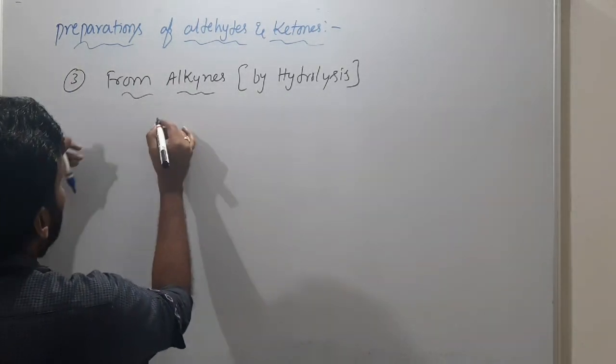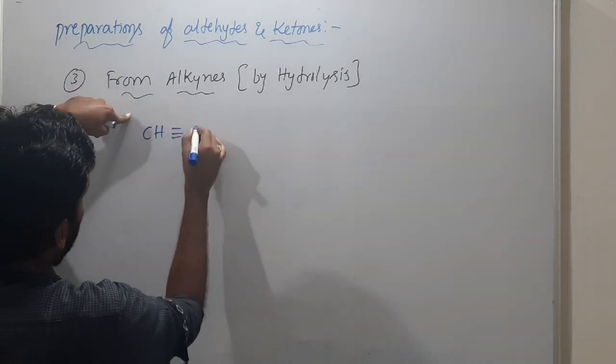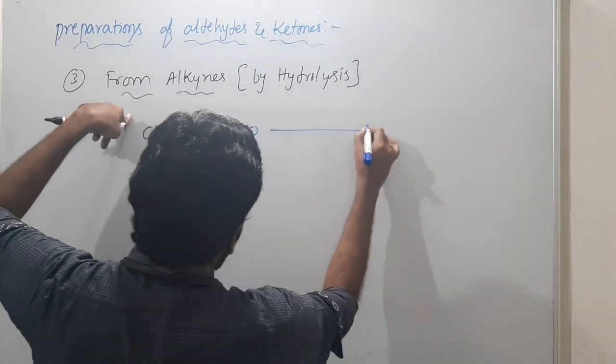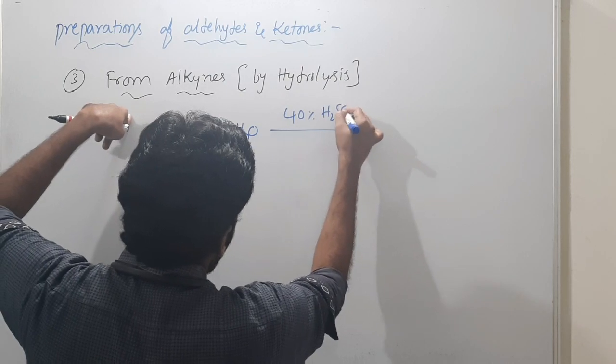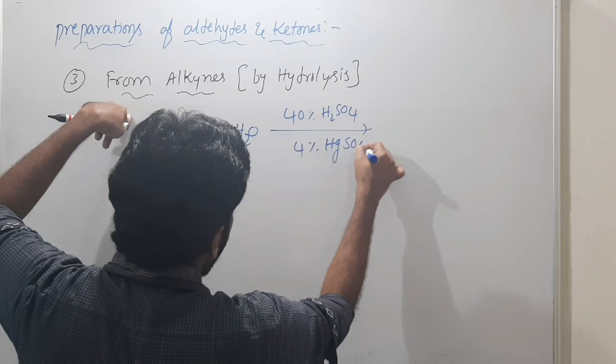We use that. Okay. Suppose CH triple bond CH on treating with water. Hydrolysis means that only 40% H2SO4 and 4% HgSO4.